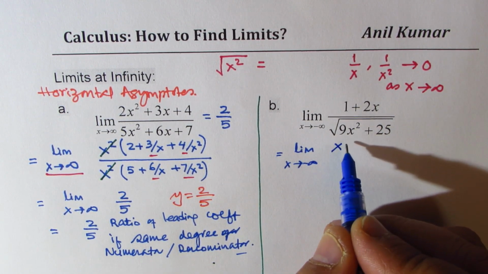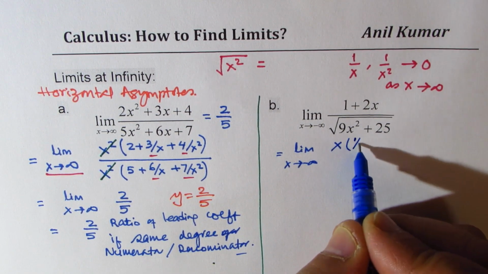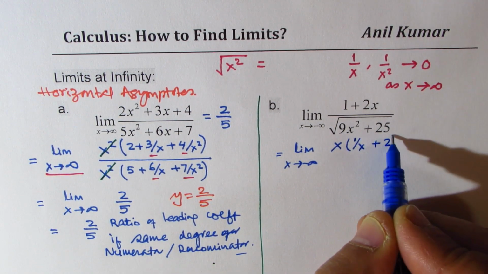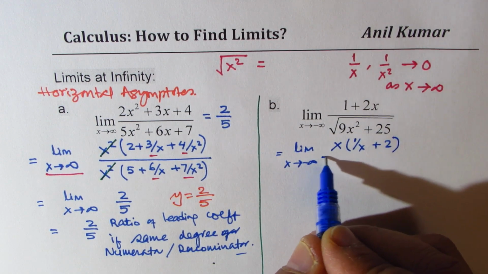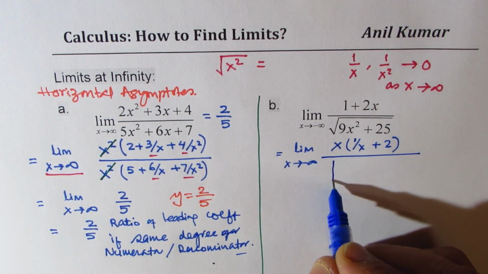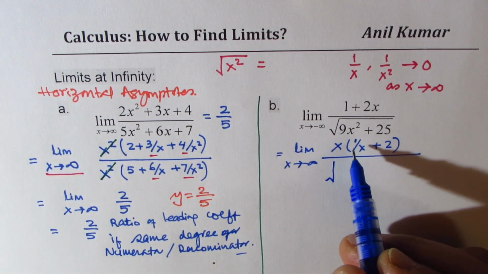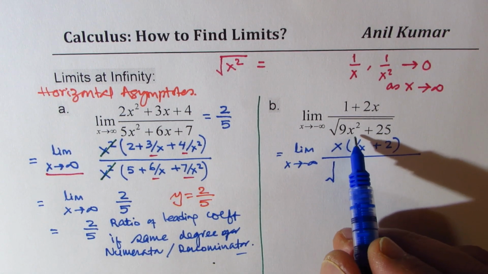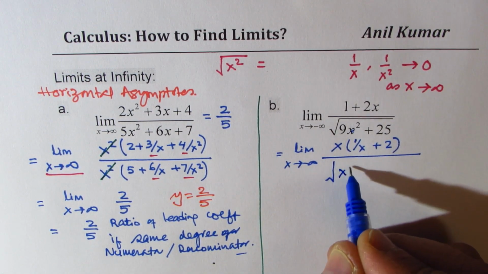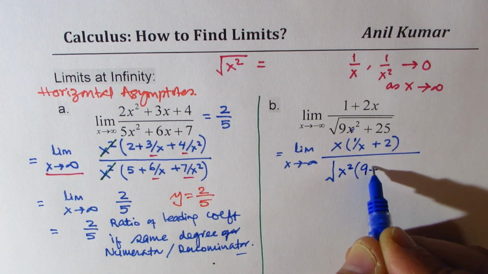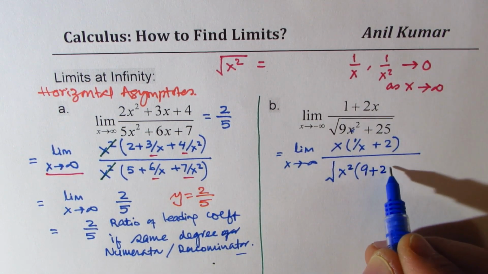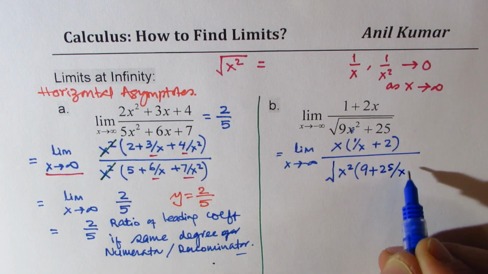Minus infinity it is, okay. So we have 1 over x plus 2. We have factored x from the numerator. In the denominator, we'll do it in 2 stages. So first stage, I'll factor out x squared. You're left with 9 plus 25 over x squared, correct?